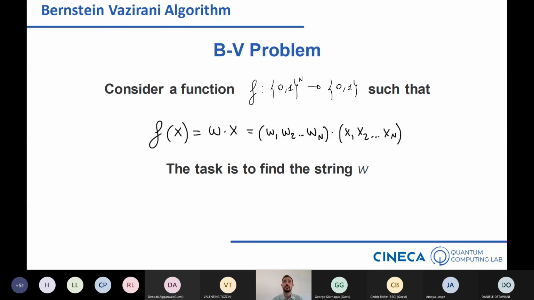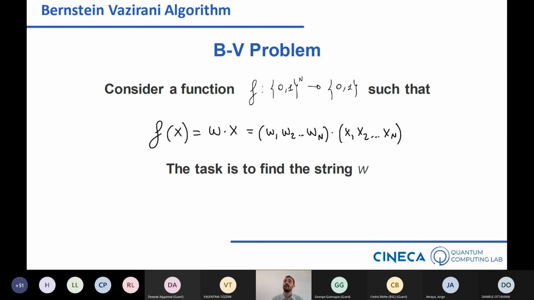It goes from {0,1}^n to {0,1}, and the function is such that f(x) is equal to omega times x. So it returns your input x multiplied by some unknown string omega. Okay?